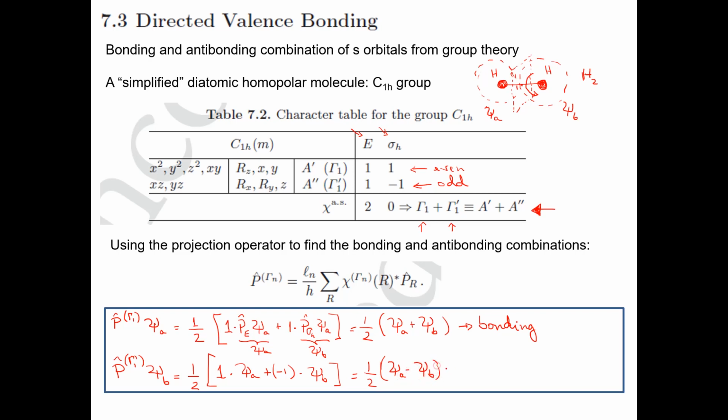And I can immediately recognize this as an anti-bonding combination of the atomic orbitals psi A and psi B. You notice that I haven't solved the Schrödinger equation. I only used group theory. So group theory allowed me to find precisely the two eigenstates of this problem without even solving the Schrödinger equation or diagonalizing any matrix.